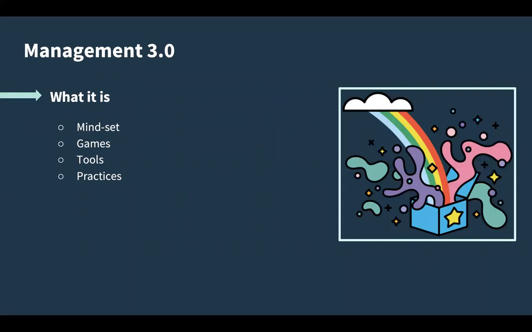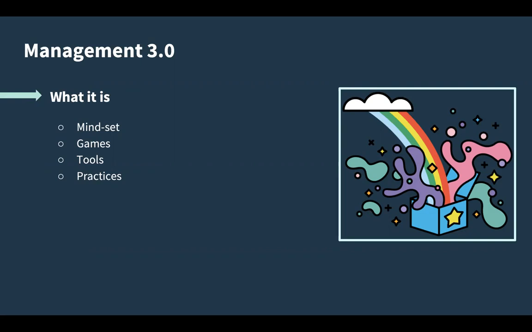Management 3.0 came out first as the best-selling Agile management book by leadership guru Jurgen Appelo.